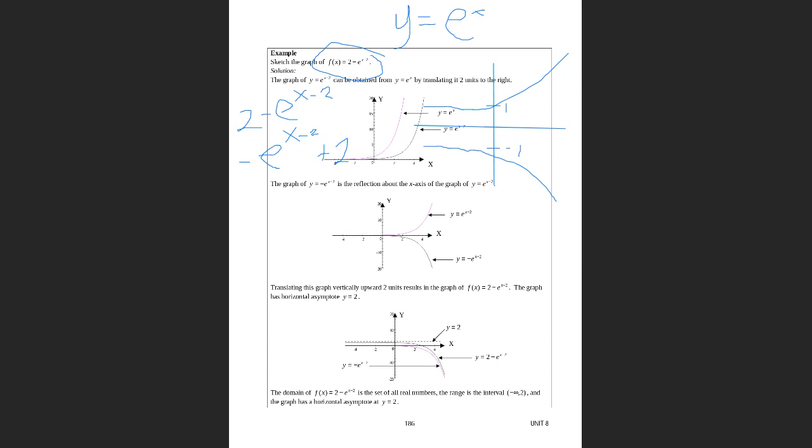Then it's going to move to the right by 2 units. So this point will move to the right by 2 units. It's going to go up by 2 units.